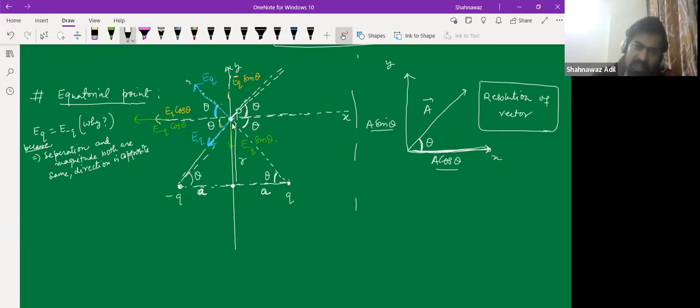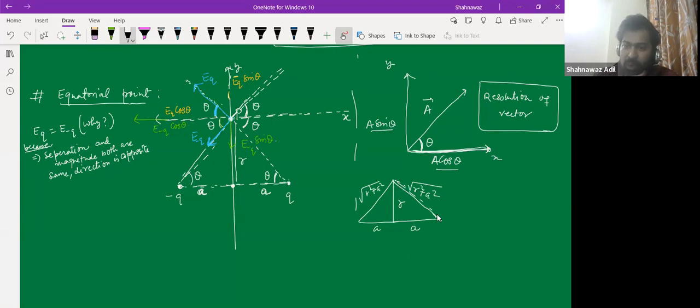So remember, this is R, this is A. So this is your picture. This is R, this is A. So this is root of R square plus A square. Similar situation in here, exactly similar. You have A, you have R. So this would be again root of R square plus A square.